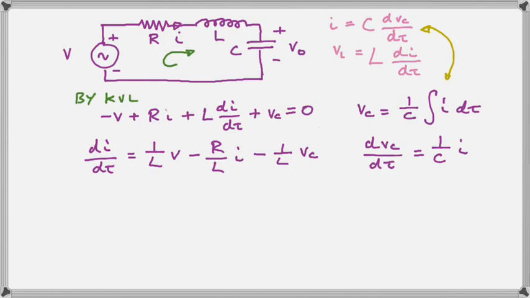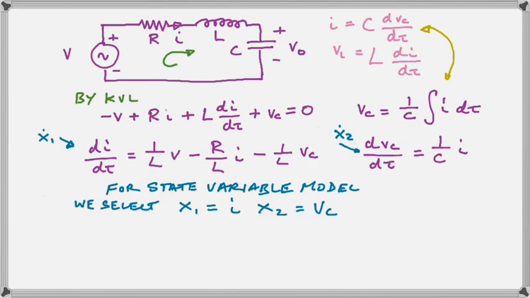So we have two variables in this case, I and Vc. And as you can see, if we make I x1 and Vc x2, then x1 prime will be the first derivative and x2 prime will be the first derivative of the other variable that we're trying to put into the model.